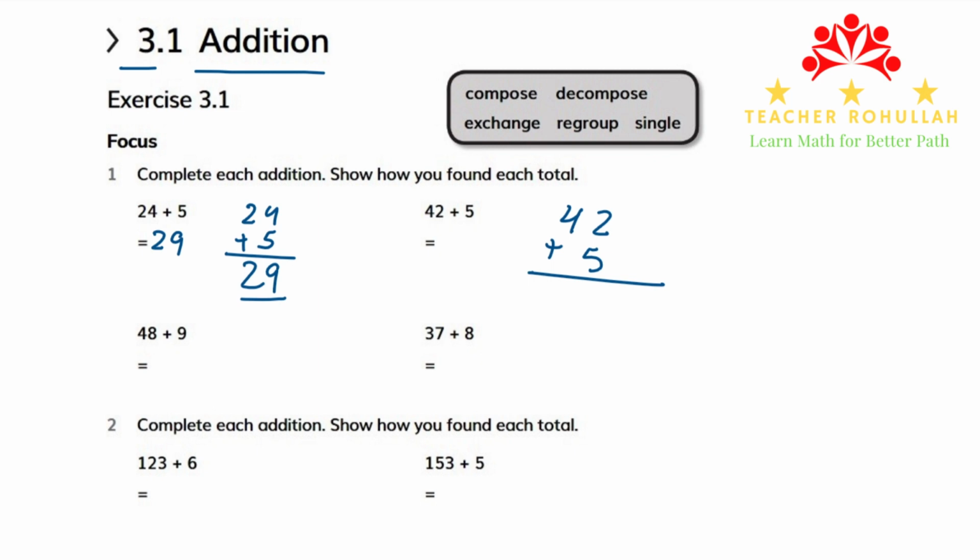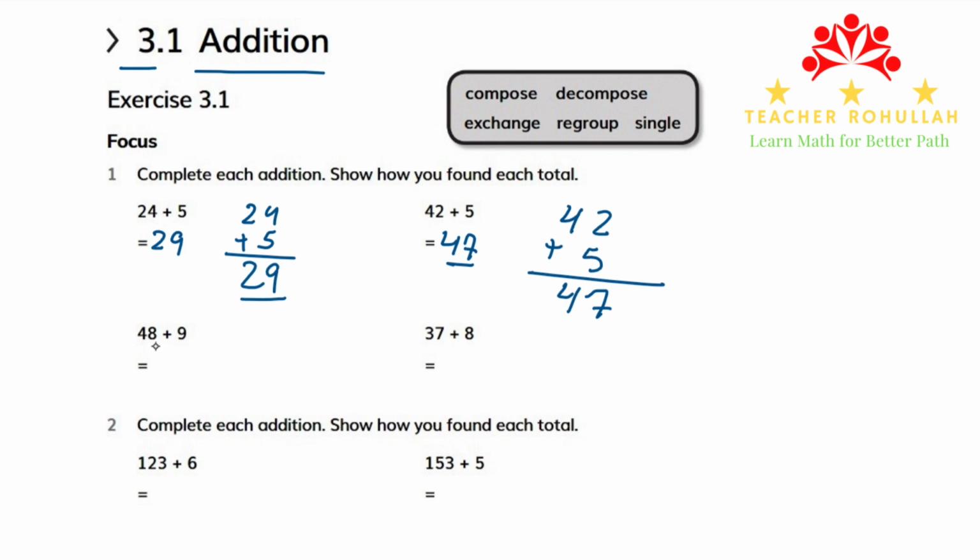If we count on 5, we will get 47. Or we can use column addition to solve the problem. So 2 plus 5 is 7, and 4 plus nothing is 4. In both ways, we found that the total or the sum is 47.